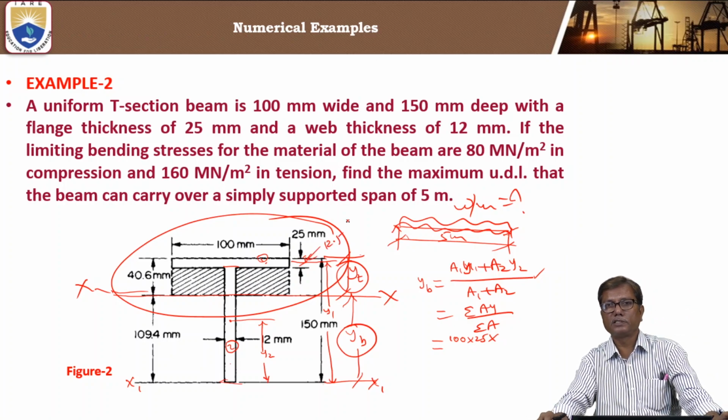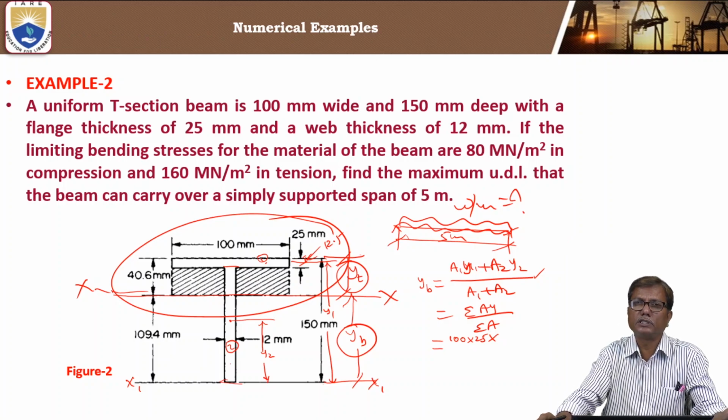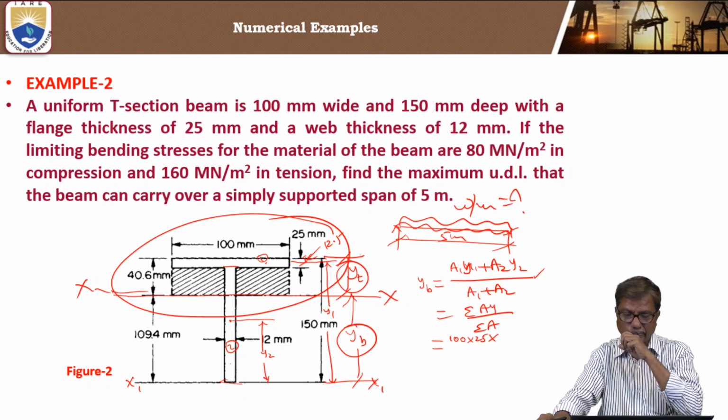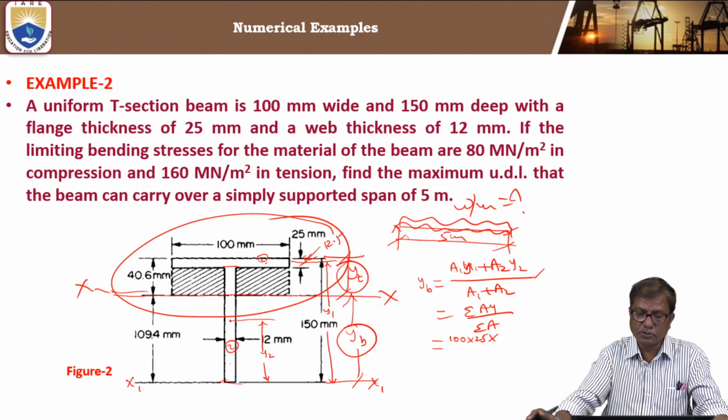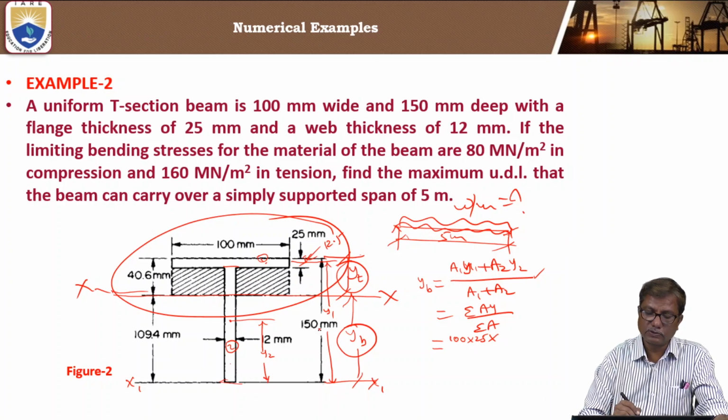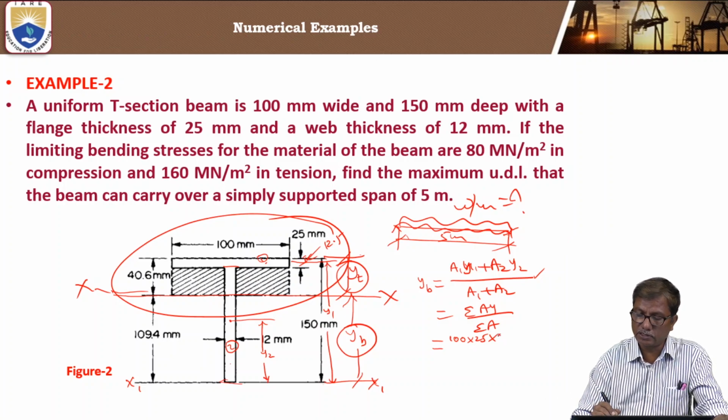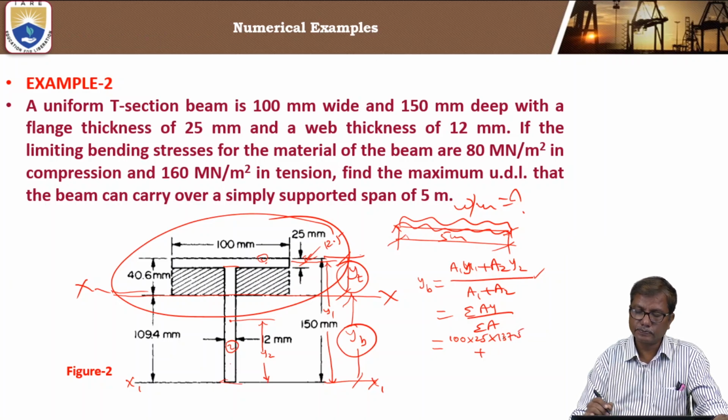Total depth of flange is 25, so from top its centroid will be at 12.5 millimeters. So from bottom it is 150 minus 12.5, it is 137.5.